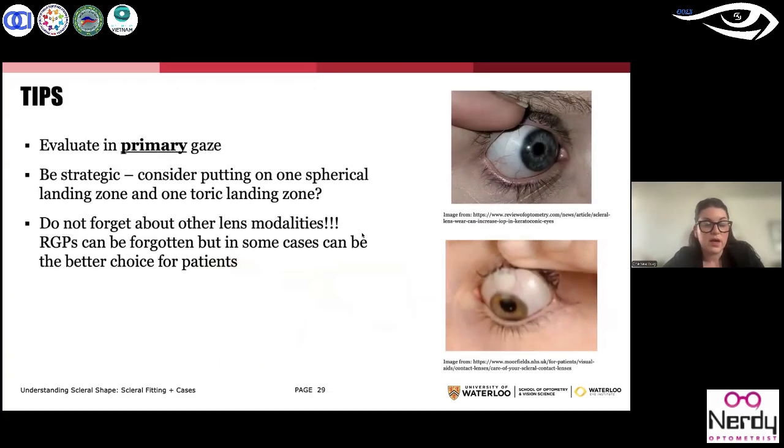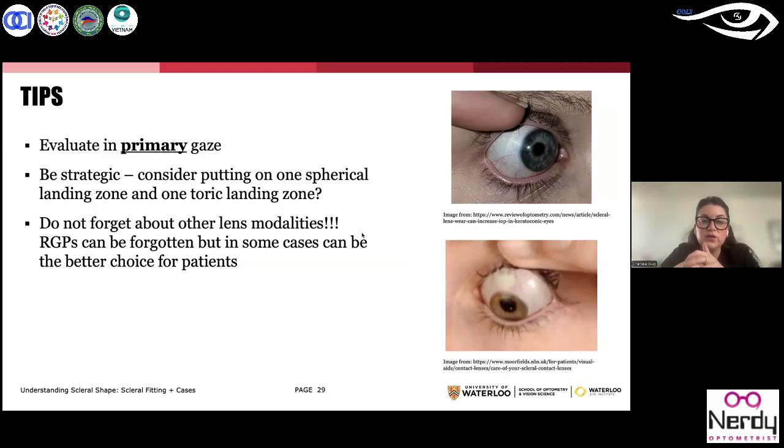Few more tips. I always evaluate the landing zone in primary gaze. Depending on the eyelid anatomy of the patient, it can be hard to get the lids up out of the way, so there are times they might have to look slightly down, but you really want to be evaluating these lenses in primary straight ahead gaze, because it can alter things if they're looking up or down.